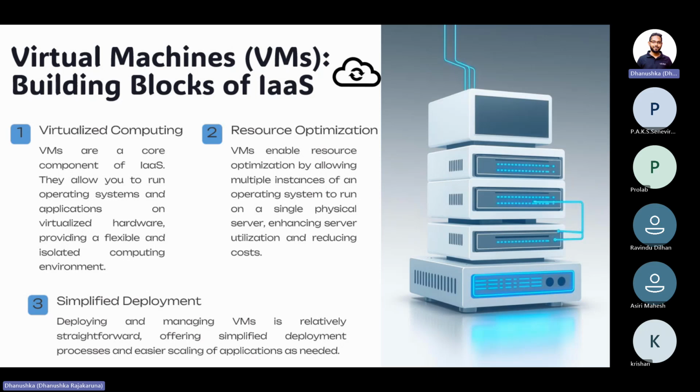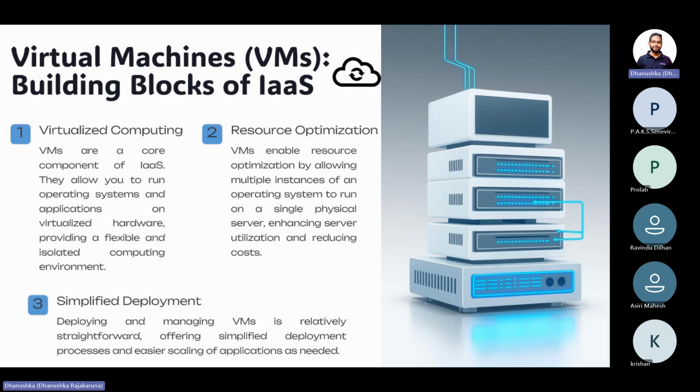So cost will be saved. Isolation can be done. Disaster recovery can be done by taking a backup or restoring the entire machine by getting a snapshot or a checkpoint or something like that. There are various kinds of backup mechanisms over the VMs.